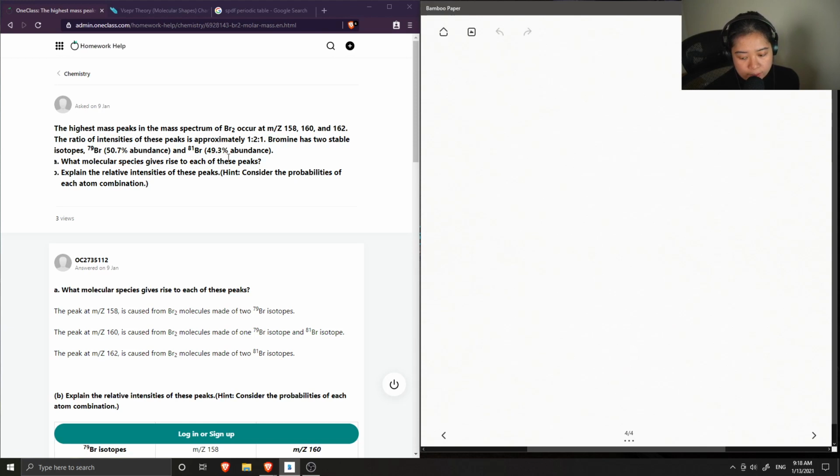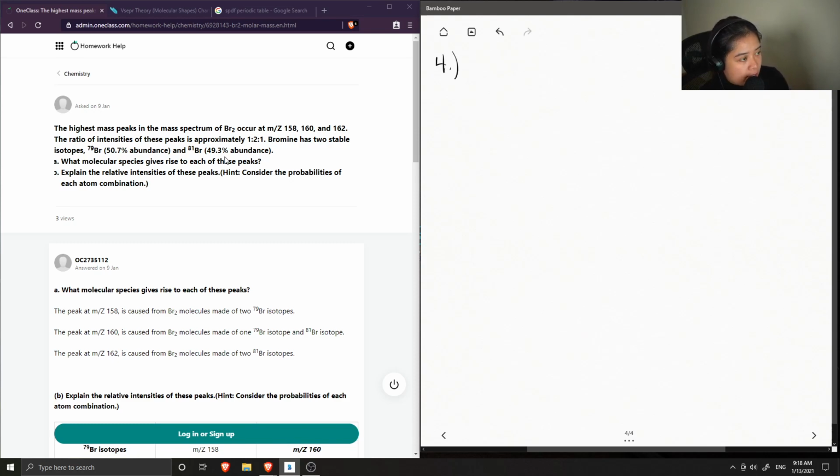Okay, so question number 4. The highest mass peaks in the mass spectrum of Br2 occur at mass over charge 158, 160, and 162.